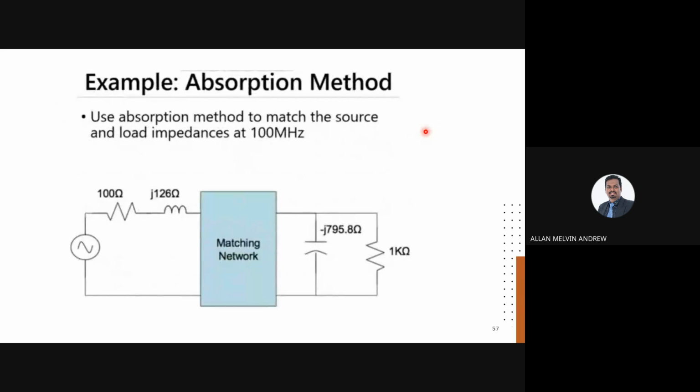Okay, so an example of the absorption method. Use the absorption method to match the source and load impedance at 100 megahertz. So you have 100 ohm, with an imaginary part of j126 ohm. Then you have a matching network. On this side you have a capacitor of minus j795.8 ohm, and also a 1 kilo ohm load resistor.